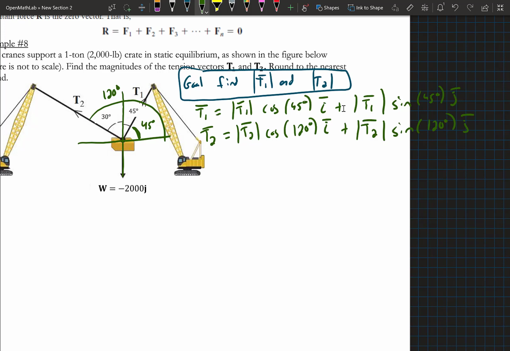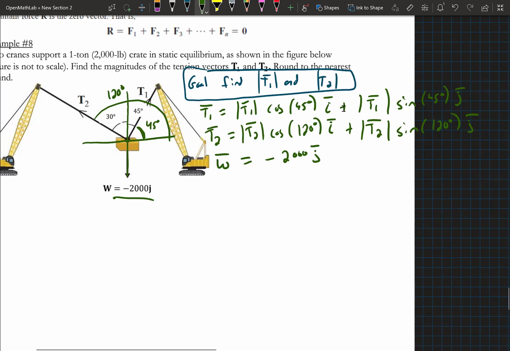Right? And then vector W, the weight vector, as we already showed here, is negative 2,000 times vector j. And that makes sense because the weight is going straight downward, so it only has the vertical component, and since it's going down, it's negative, and we know the magnitude of that is 2,000 pounds.